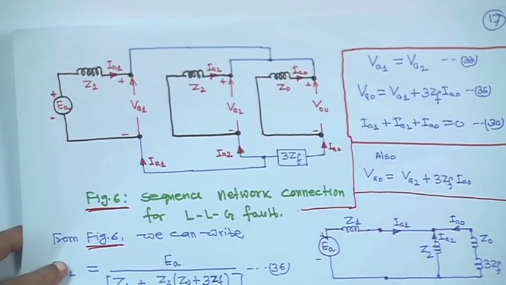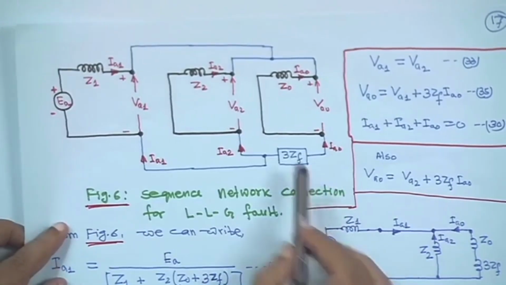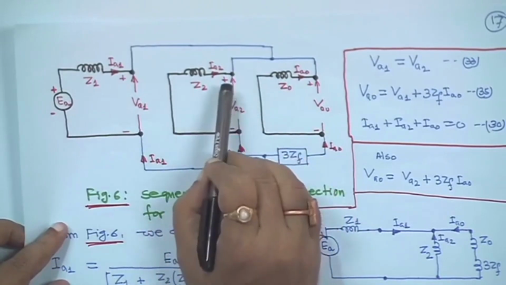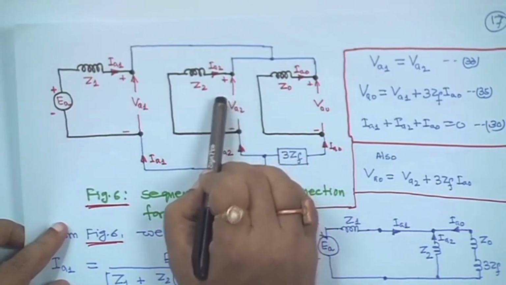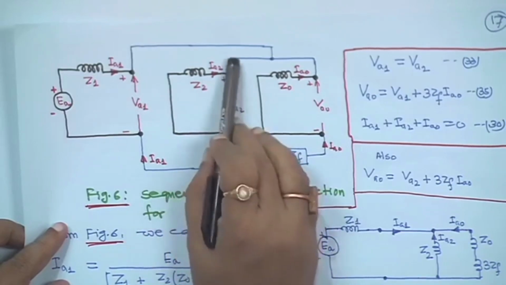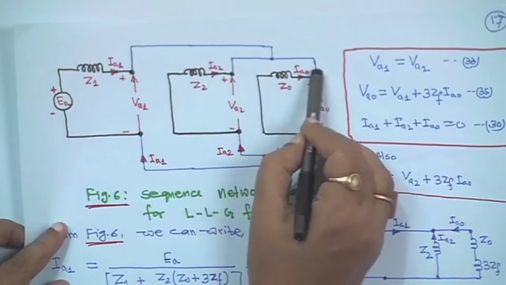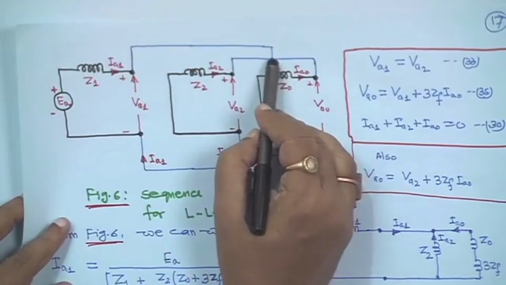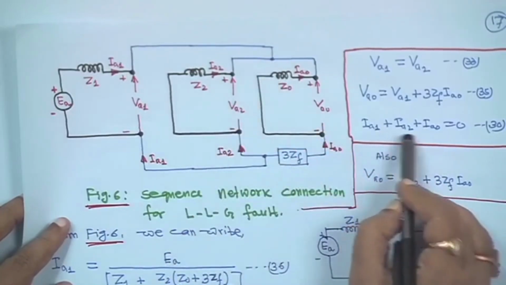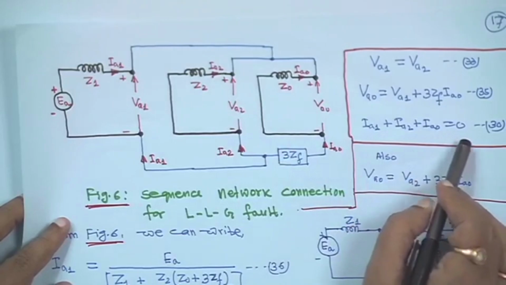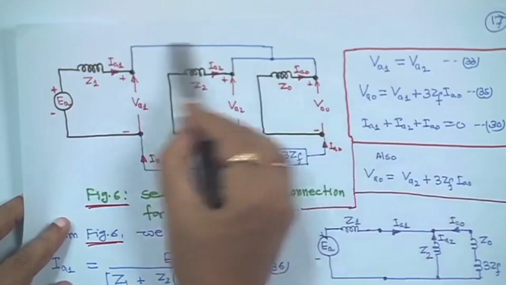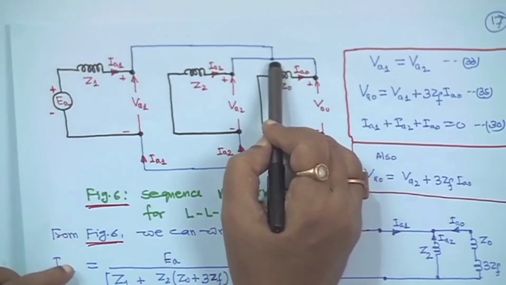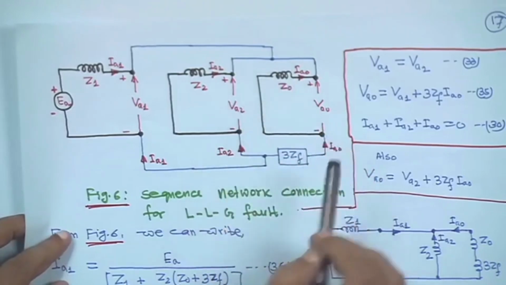So IA2 is coming from the negative sequence network, IA0 from the zero sequence network, and IA1 from the positive sequence network, and you make a junction point such that IA1 plus IA2 plus IA0 is equal to 0. At this point you apply Kirchhoff's first law.